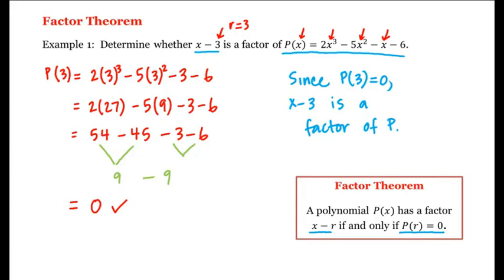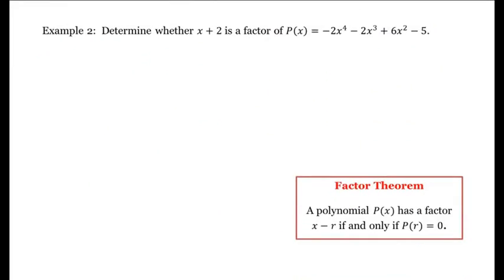Let's see another example. Let's determine whether x plus 2 is a factor of p. Again, we'll use the factor theorem, which states that x minus r will be a factor if r is a zero of p. We want to determine whether x plus 2 is a factor of p of x.